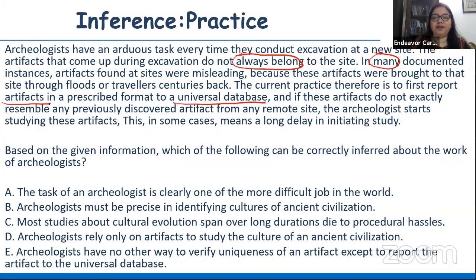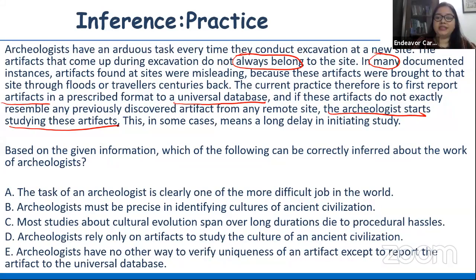So the database checks them. If they don't match any previously discovered artifact from any remote site, then the archaeologists start studying these artifacts. So they do a matching process. Does this match with any artifacts found anywhere else in some other remote site? If not, that is when the archaeologist will start studying these artifacts independently.